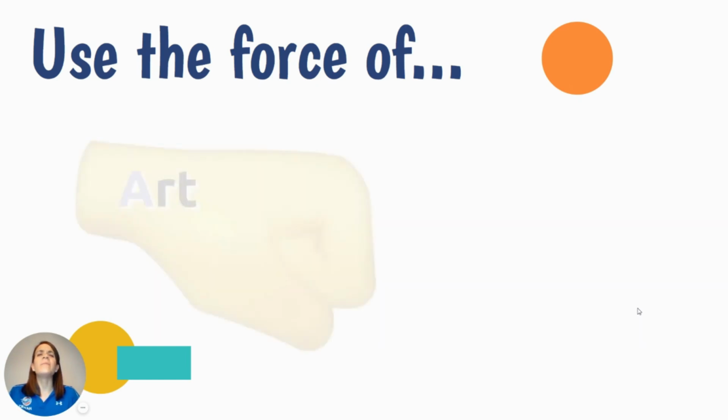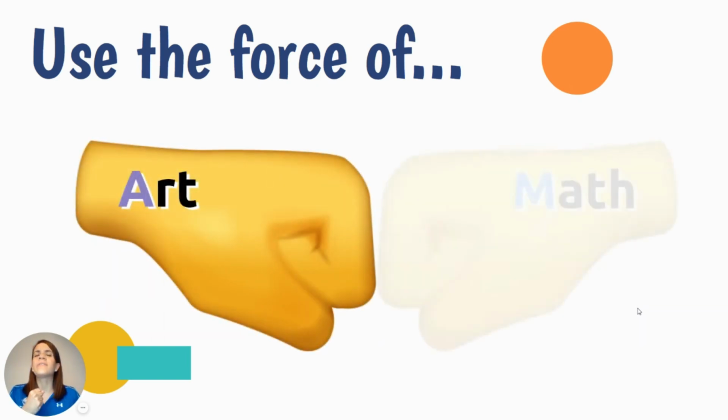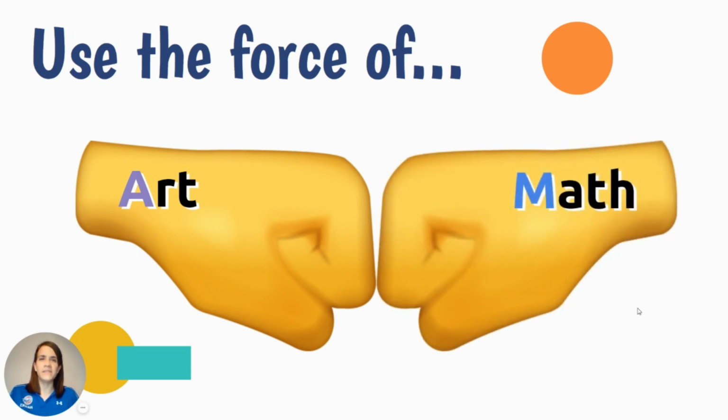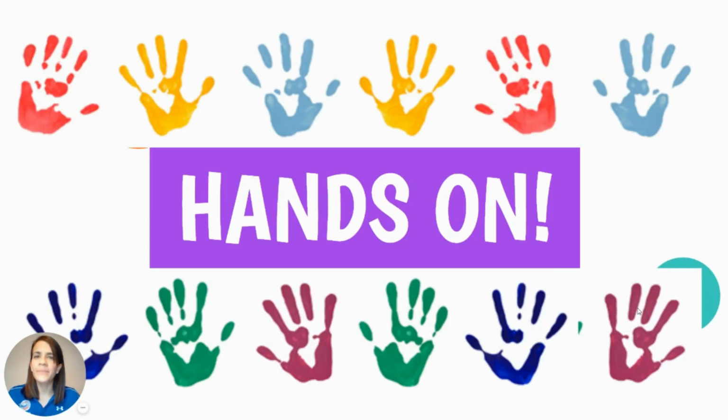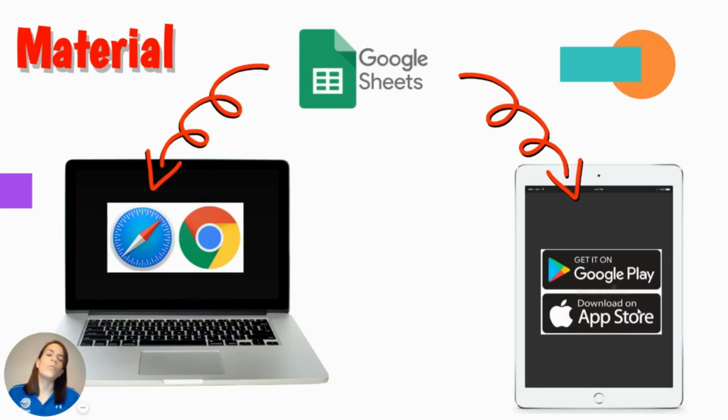Now, this time, we're going to combine the force of arts and mathematics to create a really cool pixel art. And it's time to put your hands on. What are you going to do the following week? Well, make sure that you have Google Sheets in your tablet. Remember, if you're using a computer, don't worry.